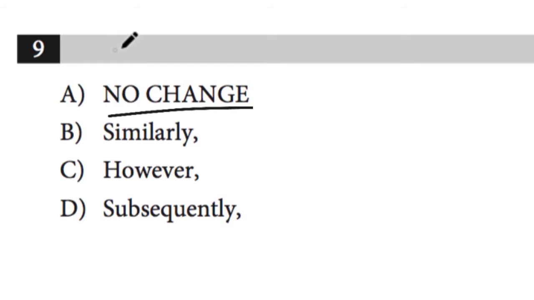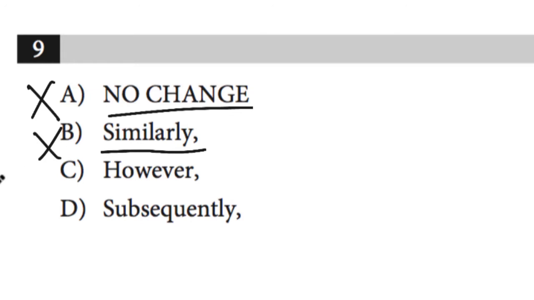So, A is out. Option B is similarly. Once again, it's illogical to say that the legislator's ban is similar to the research findings. That is not the relationship between the research finding and the legislator's ban. So, that's not correct once again.